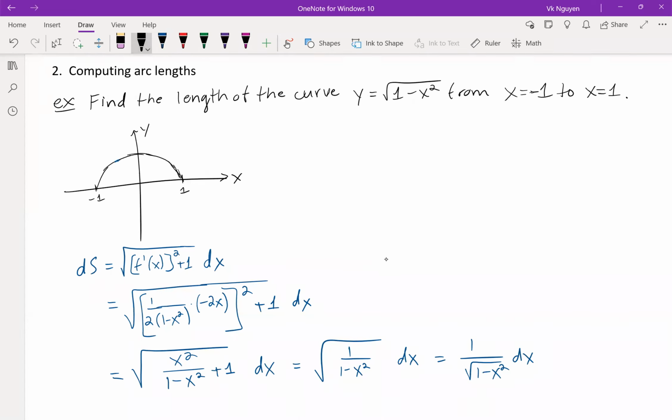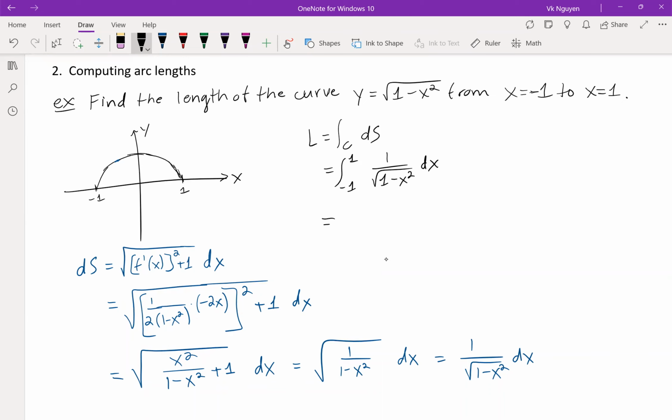Now we can figure out the length from -1 to 1. That would just be the integral from -1 to 1 of ds. A lot of people would write the integral over the curve C of ds. From -1 to 1, substitute ds for 1 over root of 1 minus x squared dx, and ta-da!